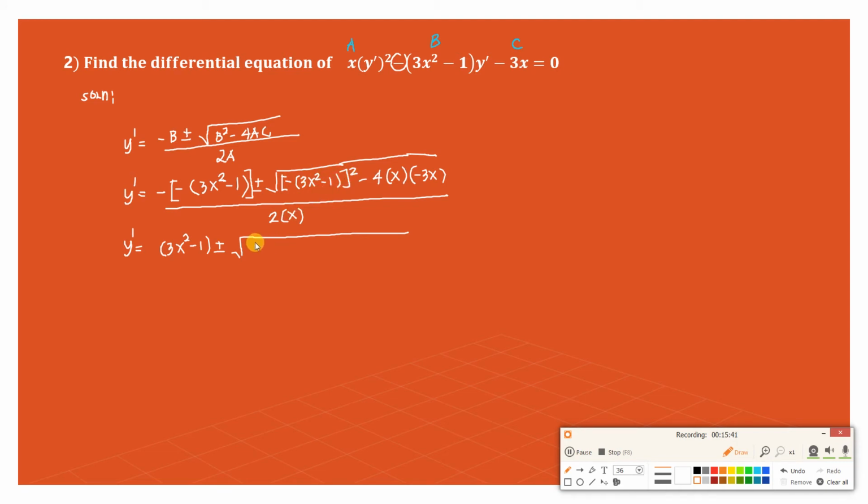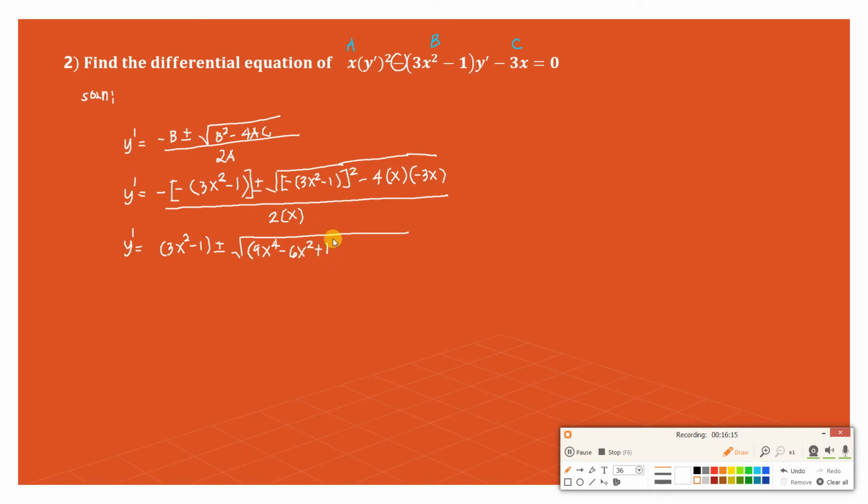So, parang naging 3x squared minus 1 raised to 2 na lang siya. So, that's x1. 3x squared raised to 2 is 9x to the fourth. 3 raised to 2 is 9. X squared raised to 2 is x to the fourth. 2 times 3, 6 times negative 1, you have negative 6x squared. Negative 1 raised to 2 is positive 1.